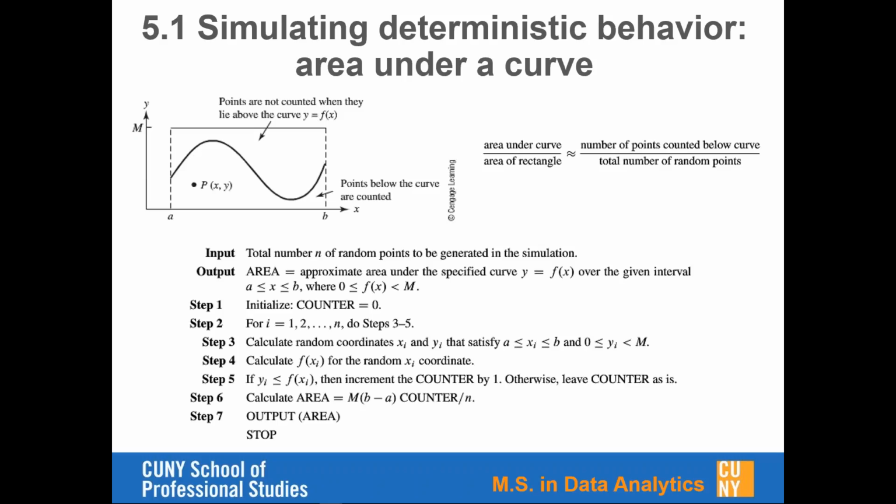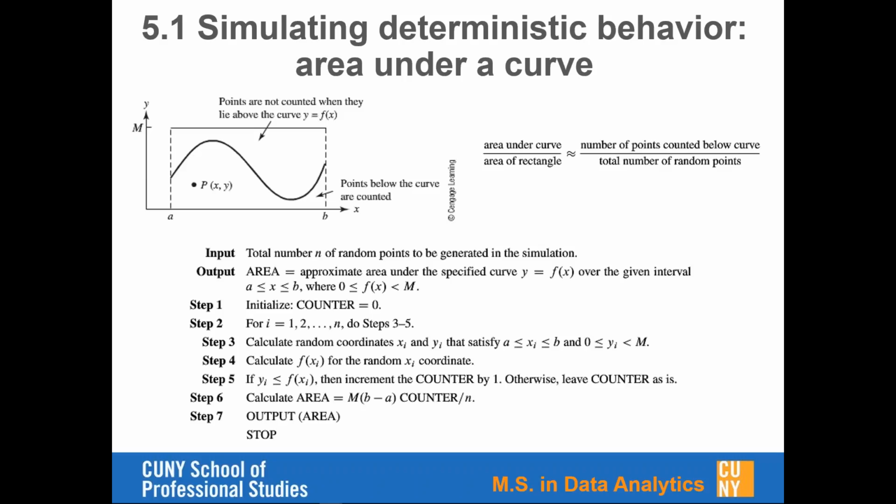area under the curve. This methodology itself is actually rather simple. The only difference from what I just said is that I was saying we have one unit of area for the square, but here it's even better to say that xi is between a and b, yi is between 0 and m, so that your area is really m times (b minus a).